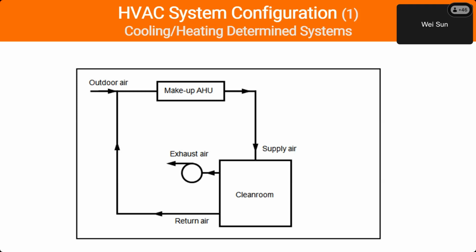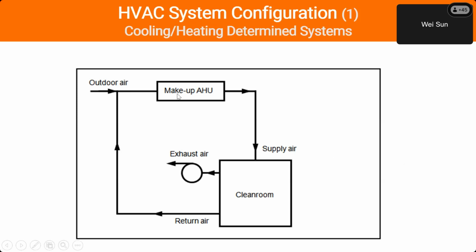There are several typical AHU configurations that we include in this standard. One is a very typical low-end clean room, which is heating, cooling dominated, very similar to the commercial space, except you put a HEPA filter at the ceiling level.